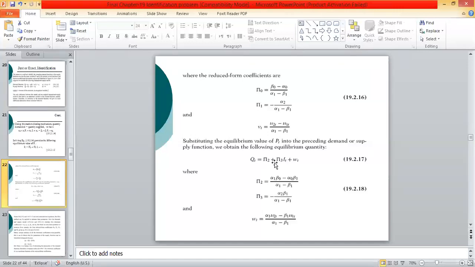This equation has been derived by substituting the value of Pt into the demand or supply function. We obtain this equilibrium quantity. So this is the second reduced form equation, and here pi 2 and pi 3 are the reduced form coefficients. So it means in this model we have 5 structural parameters.